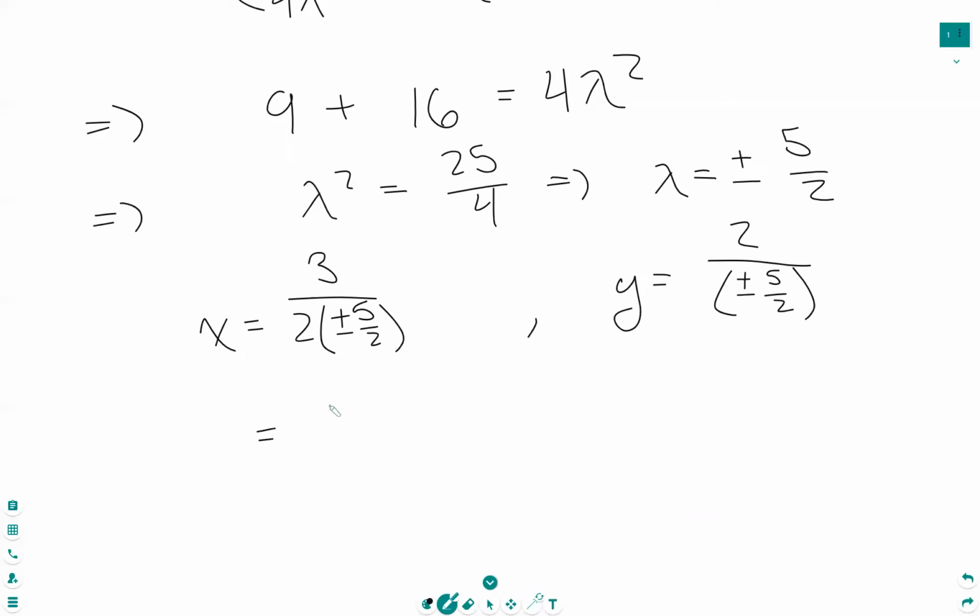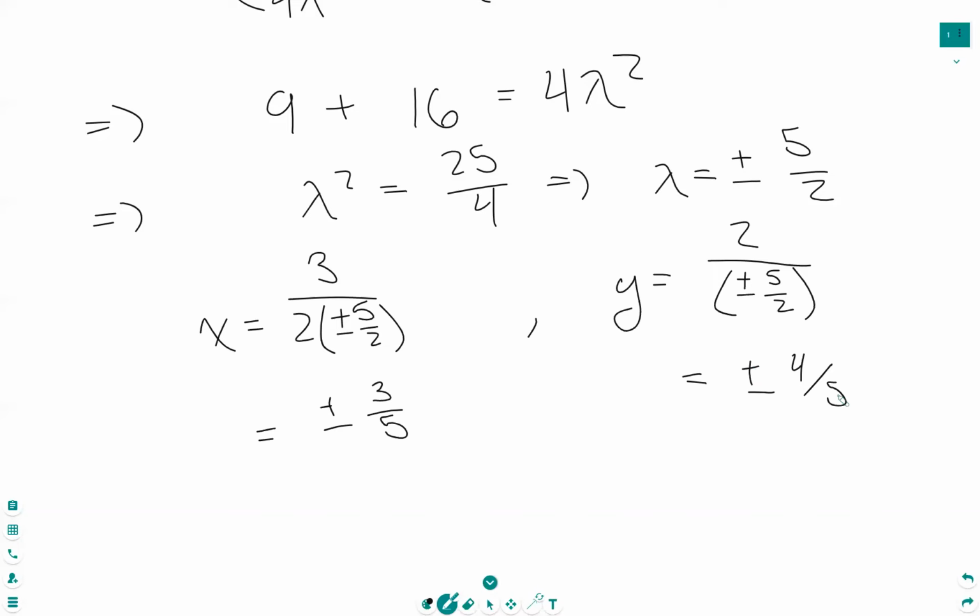So this means that x is plus or minus 3/5 and y is plus or minus 4/5.